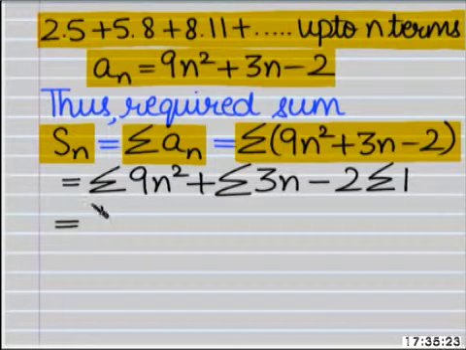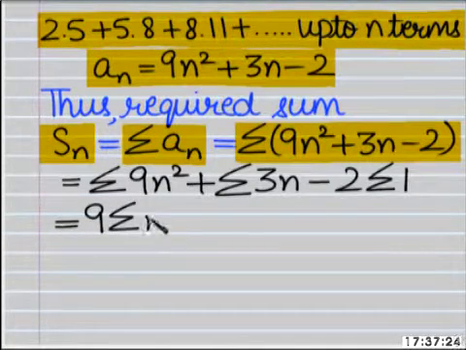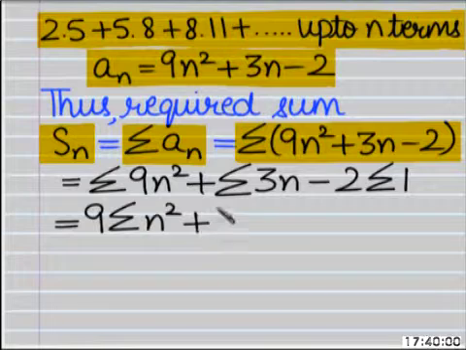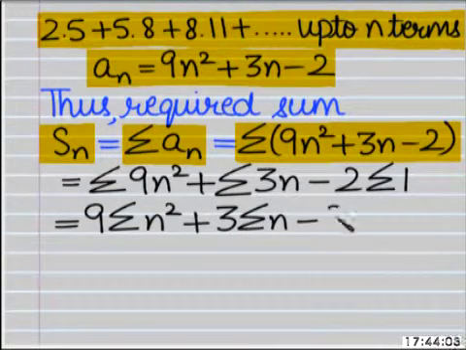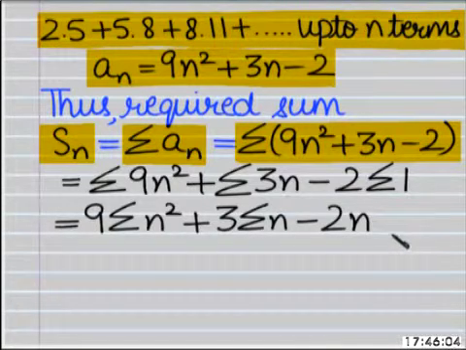This is equal to 9 into summation of n square plus 3 into summation n minus 2 into n.